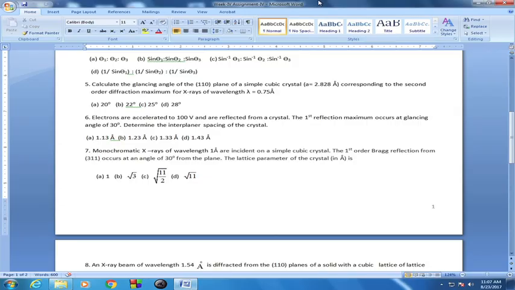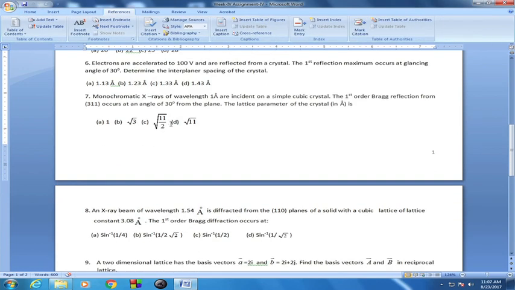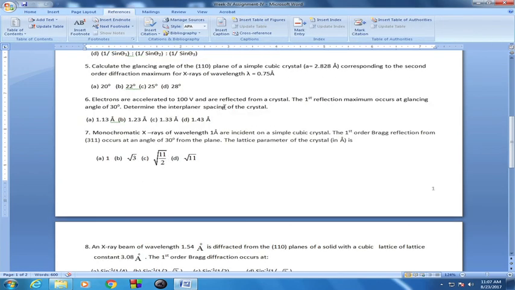Now again we come to the question page. Question number 7: monochromatic X-ray beams of wavelength 1 Angstrom are incident on a simple cubic crystal. The first order Bragg reflection from the 311 plane occurs at an angle 30 degrees from the plane.